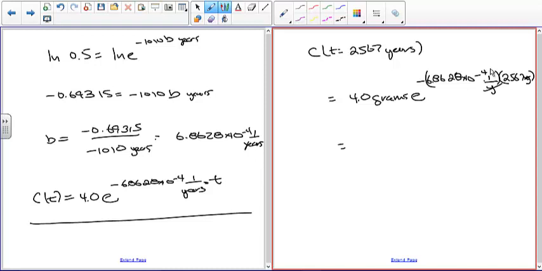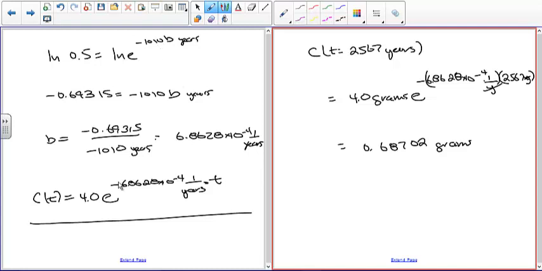So now we just plug it in. 4 times e to the minus 6.8628 times 10 to the minus 4 times 2,567, and I get 0.6, and again, oh, there are my grams, I got it in there. 0.6, yeah, didn't write enough decimal points down. 0.68702 grams.